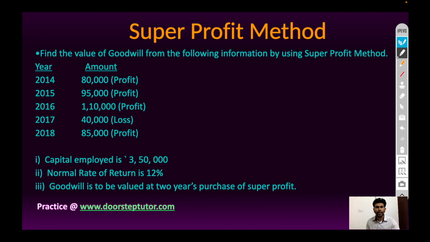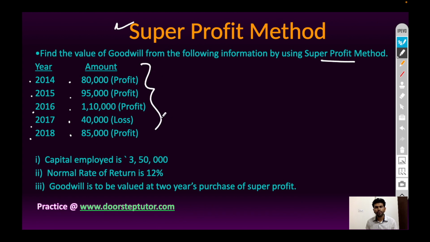Now let's calculate goodwill by super profit method. Find the value of goodwill from the following information by using super profit method. Years, 5 years are given: 2014, 15, 16, 17 and 18. Profit and loss information are given: 80,000, 95,000, 1,10,000 profit, 40,000 loss and 85,000 profit.